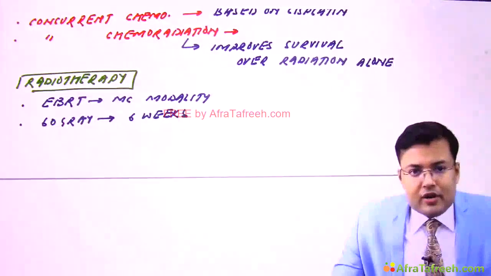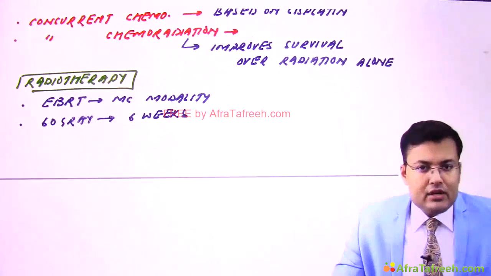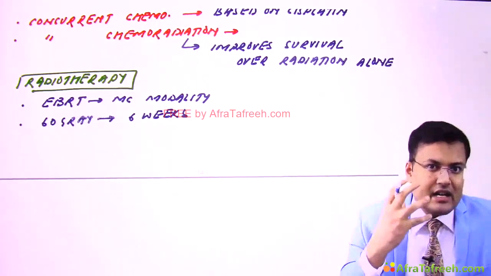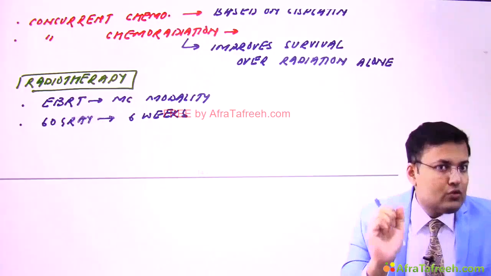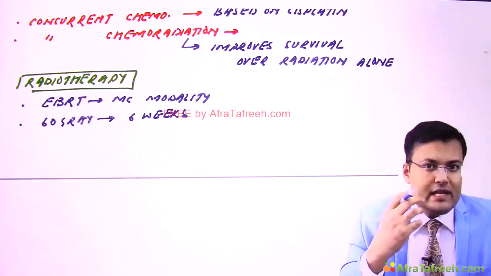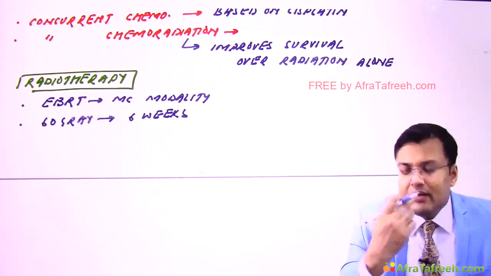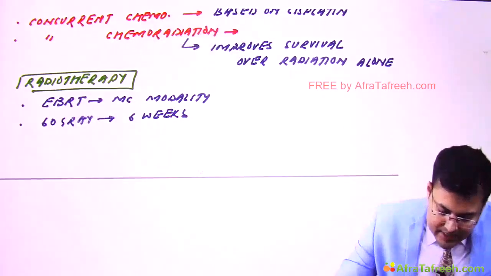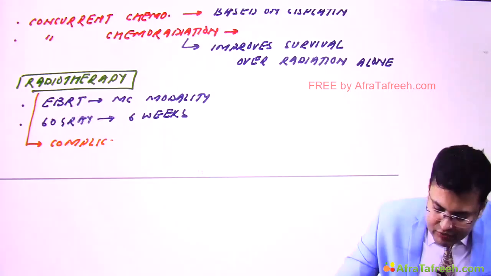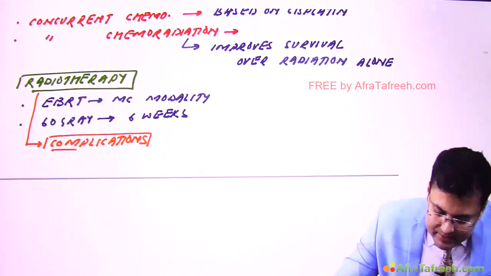The most important aspect of radiotherapy is what? The complications of radiotherapy when we give it in carcinoma oral cavity. So what's the most common complication of radiotherapy if it's given in patients of C oral cavity? There is xerostomia. So see, what are the complications? This question was asked many times both in NEET as well as in AIIMS.